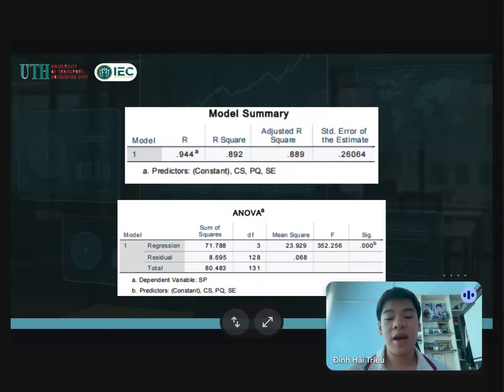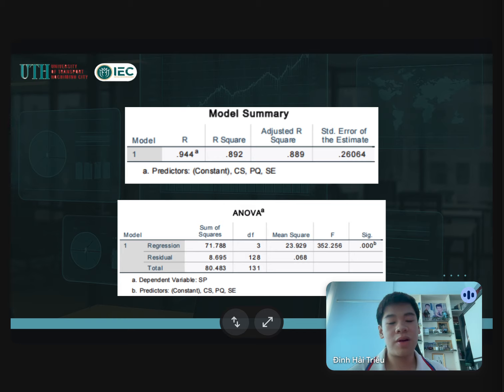This is a very high percentage, indicating that the model has excellent explanatory power. The adjusted R-square is 0.889, which is almost identical to the R-square. The small difference suggests that the model is stable and that adding these variables does not create unnecessary complexity.